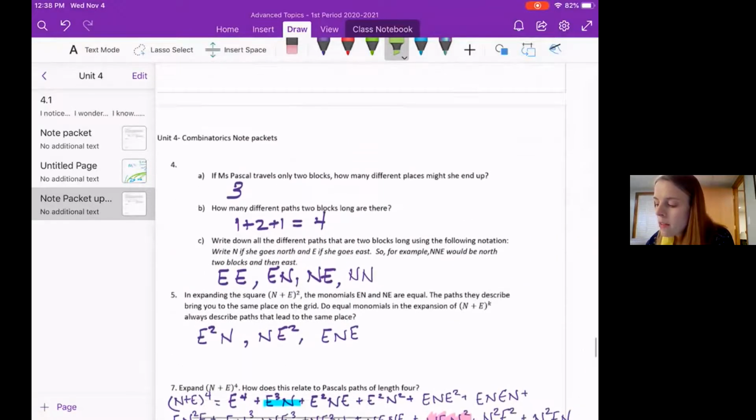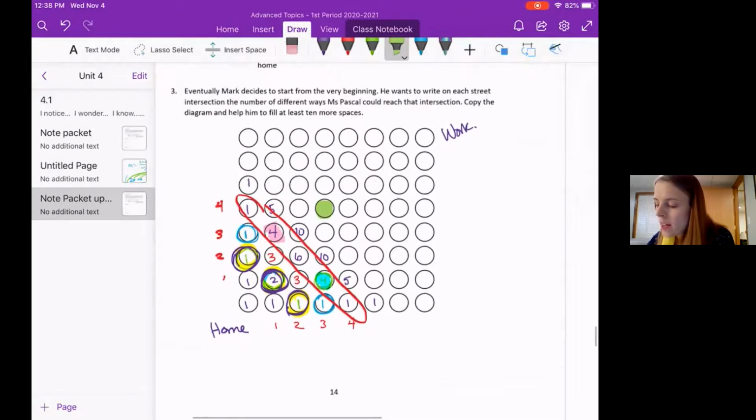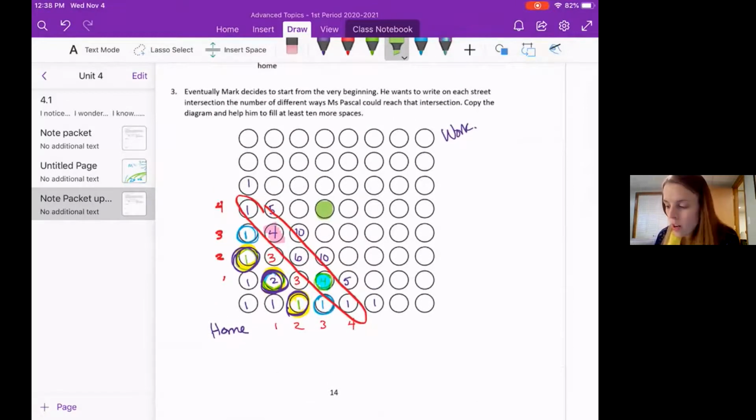So you probably have figured this out, that each of the diagonals is a row in Pascal's triangle. So this is row 0, and then they go on diagonal. So row 1, row 2, row 3, we have row 4 circled right now. We could fill in the rows of Pascal's triangle to help us figure out that green spot that we have highlighted.